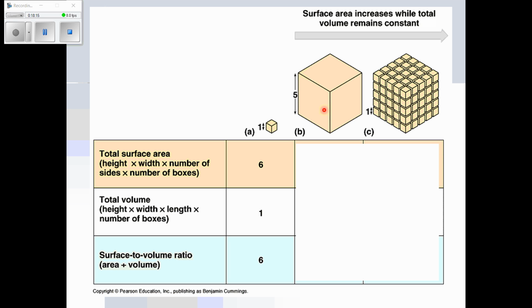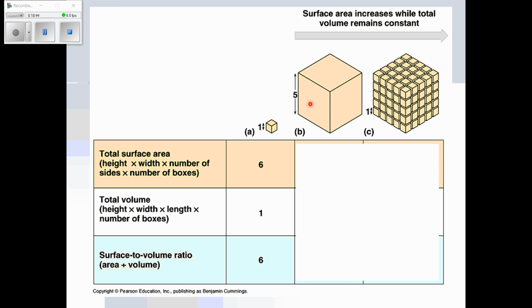But my question is, when a small cell grows into a larger cell, which number grows at the fastest rate? Does surface area grow faster? Does volume grow faster? Or do they grow at the same rate? You might assume that they would grow at the same rate, but let's do the math and find out.